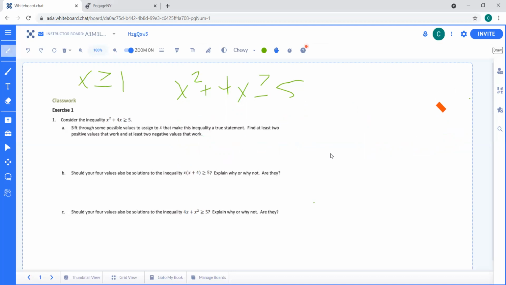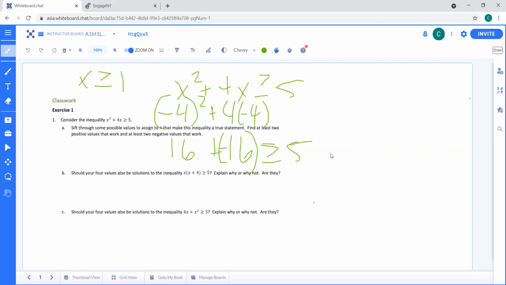Okay, what if I tried negative 4? Plug in negative 4 here. Well, negative 4 times negative 4 is 16 plus, what's 4 times negative 4? That's negative 16. Is that greater than or equal to 5?